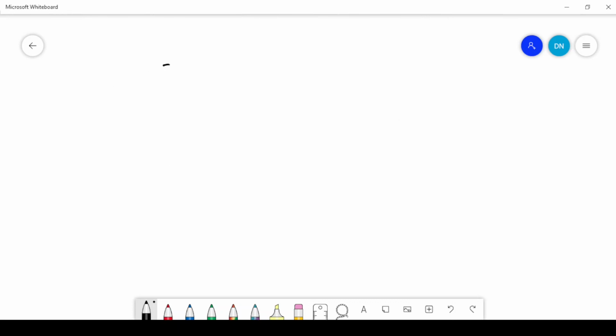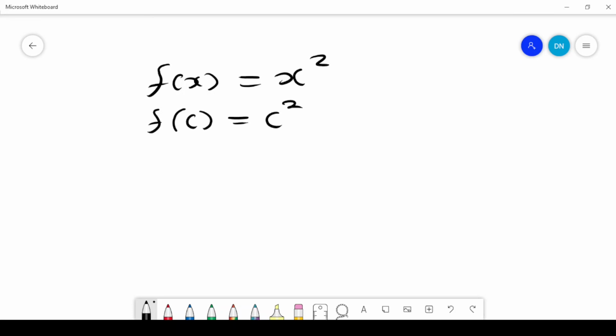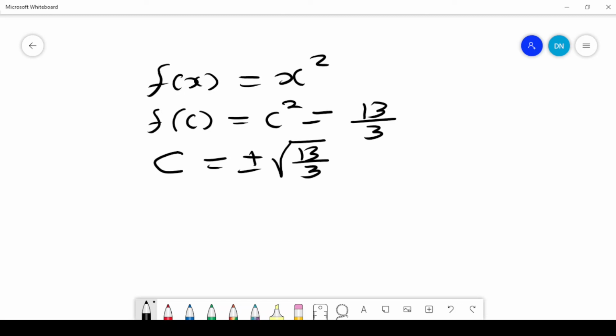What we know is that f of x is equal to x squared, and therefore we can say that f of c should be equal to c squared, and this is equal to 13 over 3. And that tells us that c is equal to plus or minus the square root of 13 over 3. But we want to keep in mind that c is an element of (1, 3).